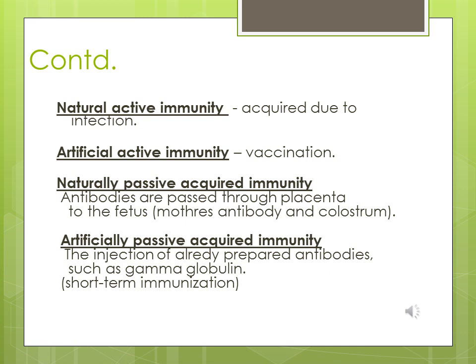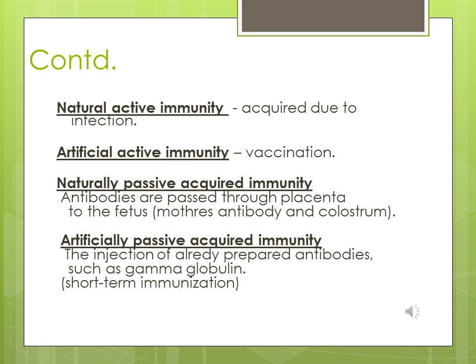The next important one is artificially acquired active immunity. It is the protection that is produced by intentional exposure of a person to an antigen in a vaccine mode so as to produce an active and lasting immune response. During vaccination, an attenuated form of the particular causative agent is utilized.